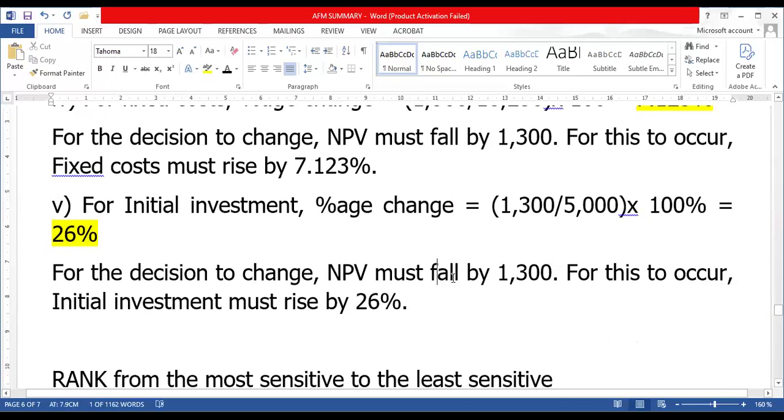Yes. If your initial NPV was negative, you use the word rise or increase.